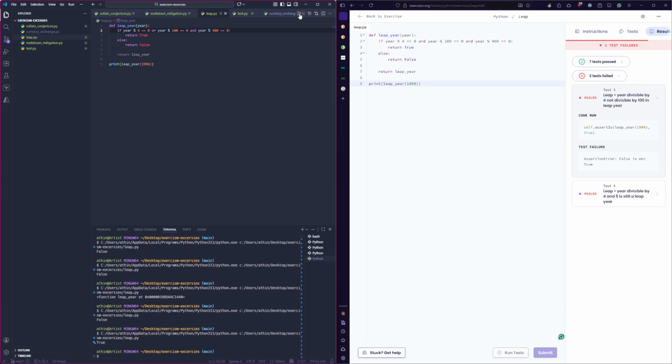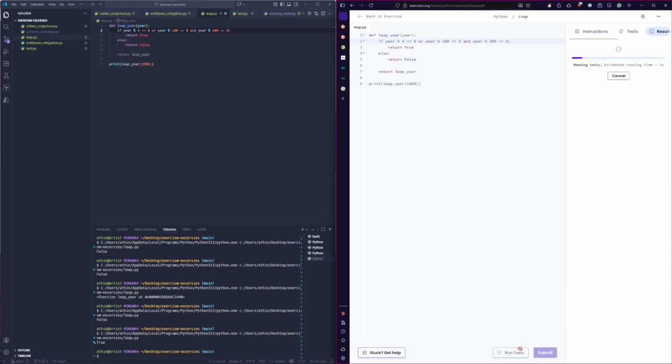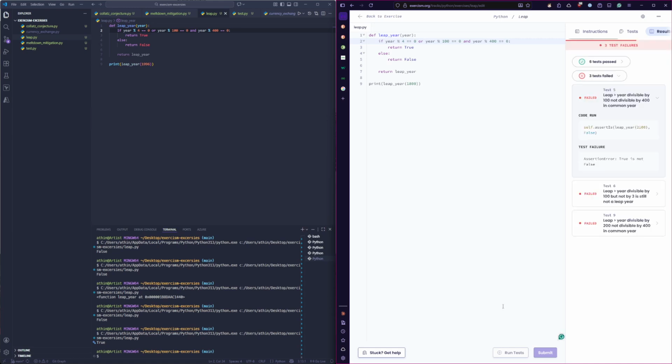But then I'm going to get an error because the other is not going to do it. Year divisible by 100, not divisible by 400. Still going to give me an error.